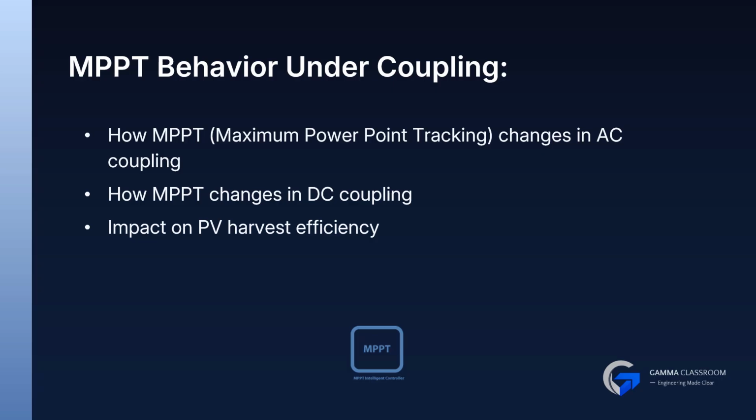In a DC coupled system, MPPT must coexist with battery charging on the same DC bus, which can shift operating points. Engineers must ensure the MPPT window aligns with both PV characteristics and battery voltage ranges.